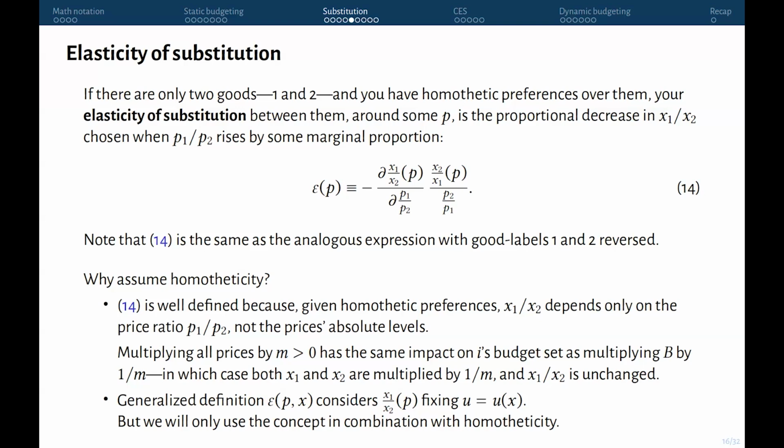Then under that particular way that the price ratio changed, what will happen to your demand ratio? We'll generally only be using the concept of elasticity of substitution in combination with homotheticity, but actually, I'm not sure that's true. It might come up elsewhere, and you might come across it elsewhere anyway.